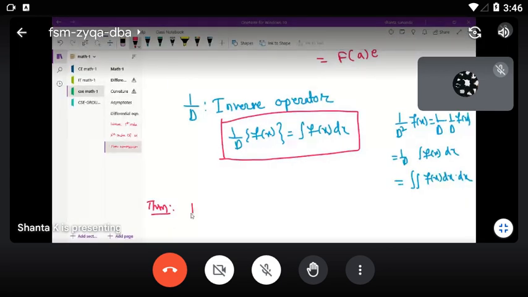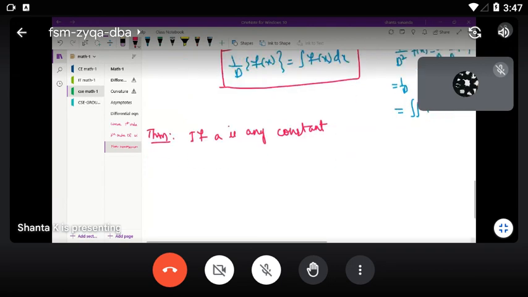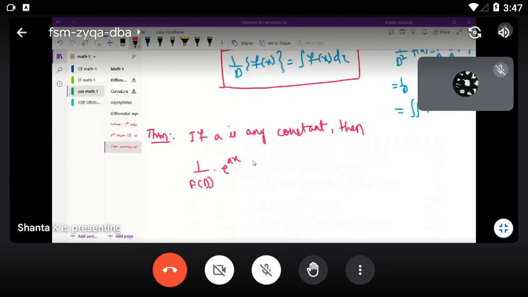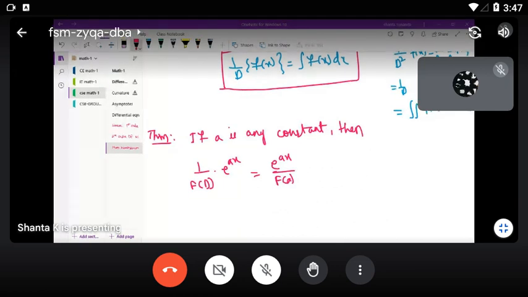If a is any constant, then 1 by f(D) of e power ax will be e power ax divided by f(a), because in the integration we will have a.